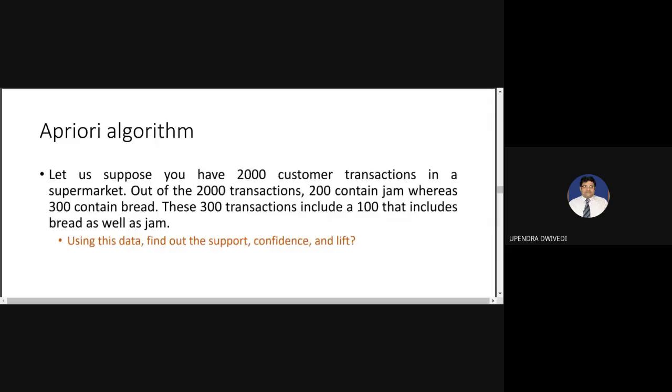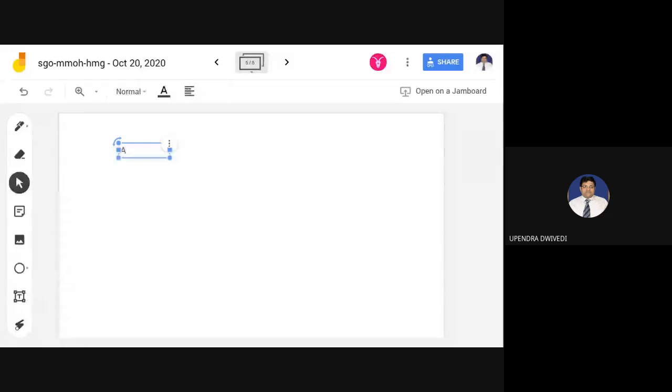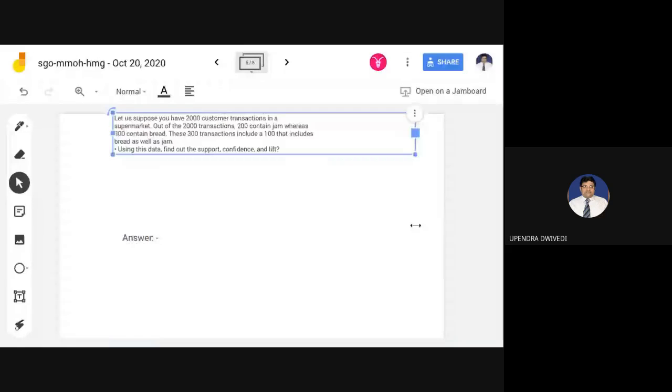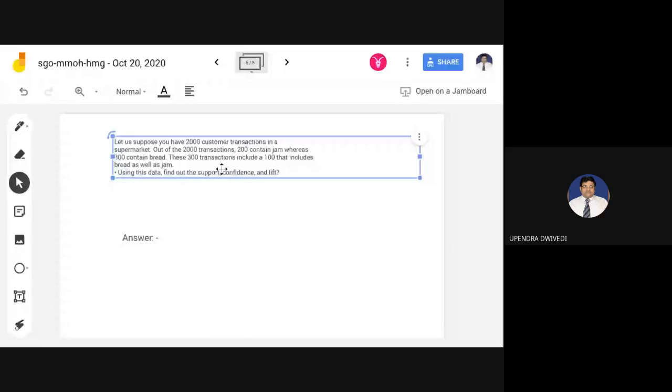You can also write the answer here if you want to do some calculation. Whatever is required, you have 5 minutes to find the support, confidence, and lift here.